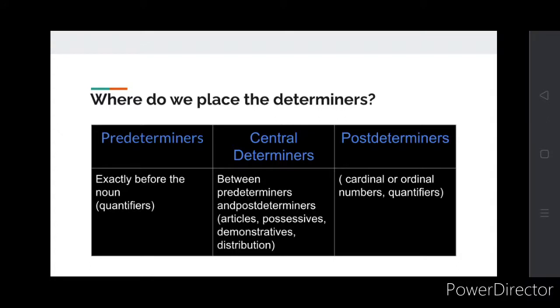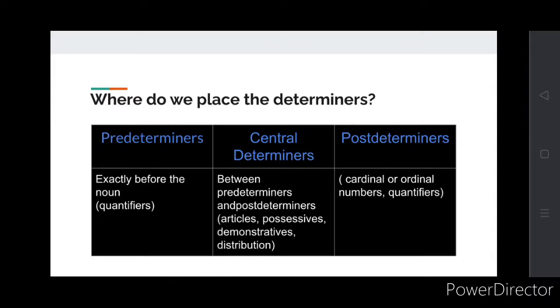Now next is central determiners. Central determiners come between predeterminers and post determiners. Looking at the same example, Manish finished off half the ice cream. Half is a predeterminer and then there is a noun, and between that there is one more word, that is the.